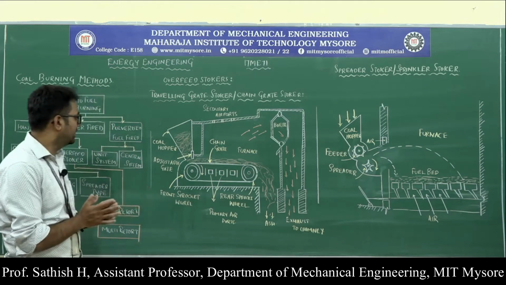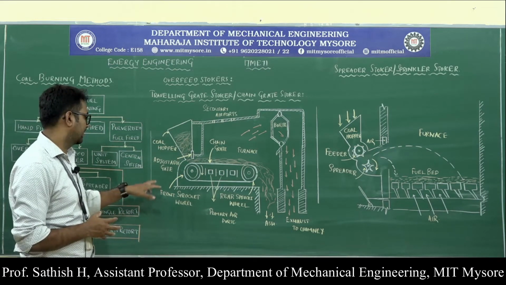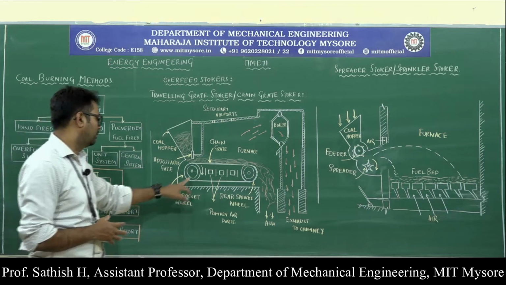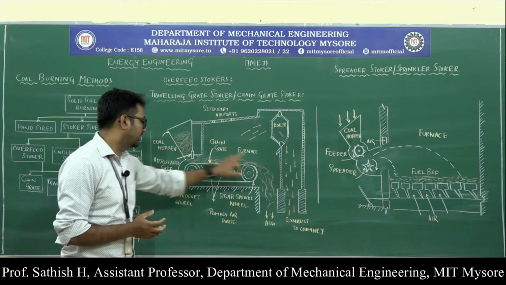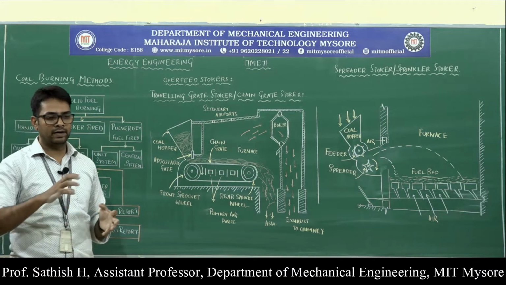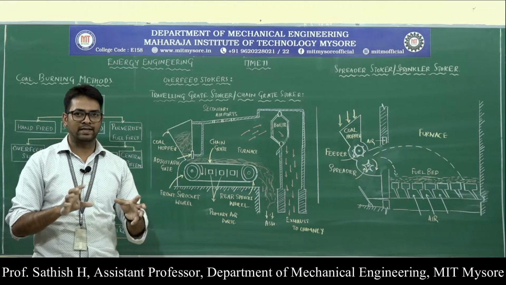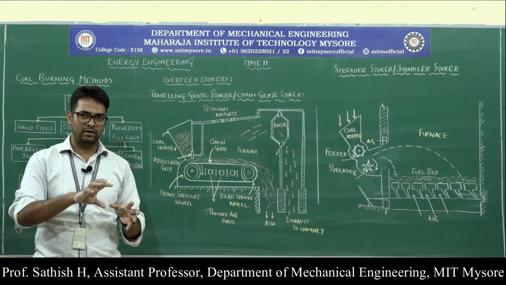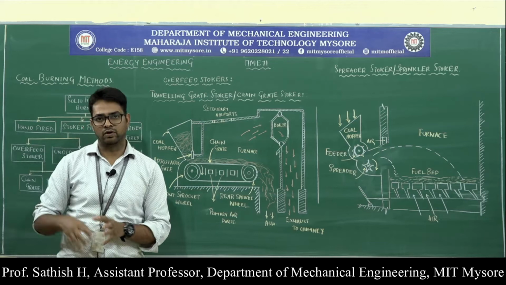Basically we have the coal hopper, and the second is the endless chain, which is mounted over sprockets. A sprocket is a wheel with teeth around it. For example, on a bicycle, for the pedal there is one front sprocket, and at the back we also have one more sprocket.